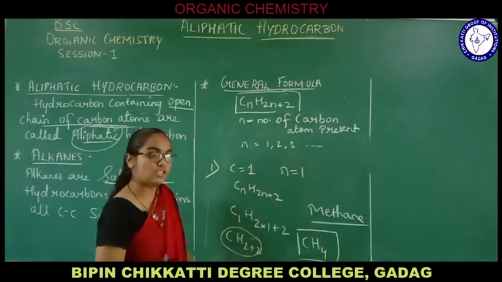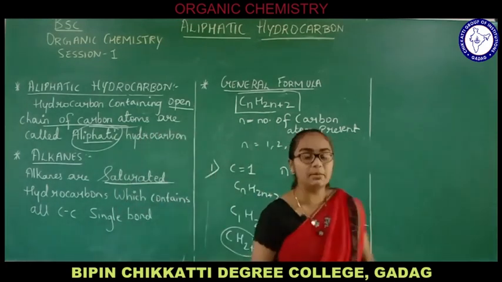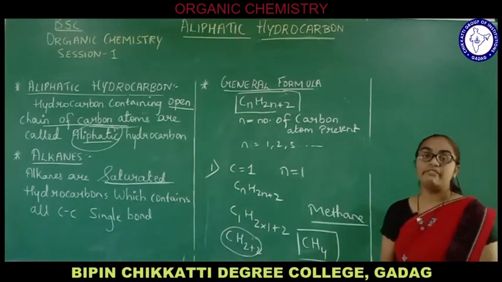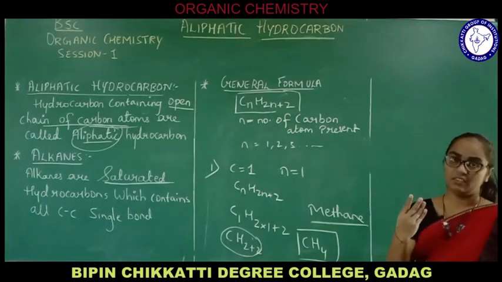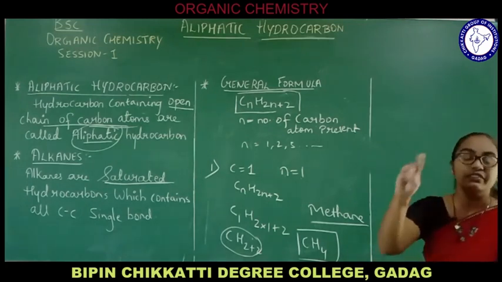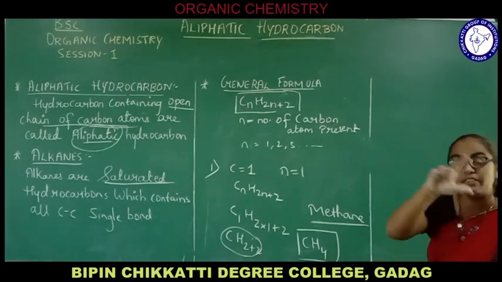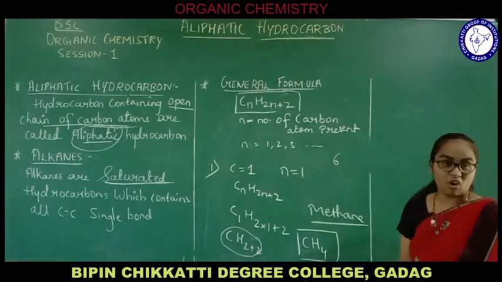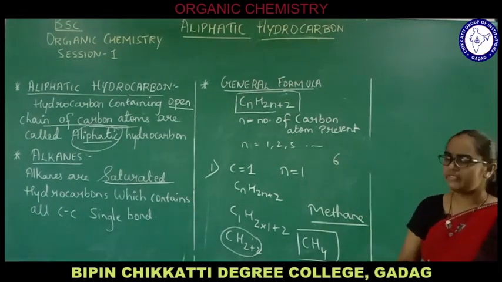Let's draw the structure for it. How will the structure for methane be? We know that carbon has valency 4. Carbon can bind with only 4 hydrogen atoms, because 6 is the atomic number of carbon. This is very basic.